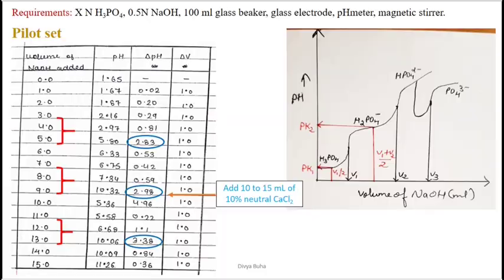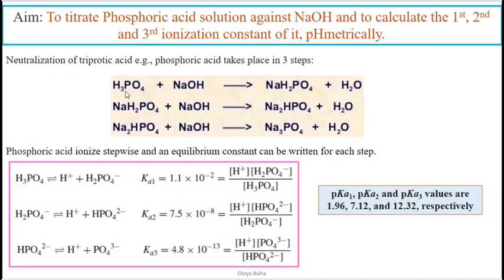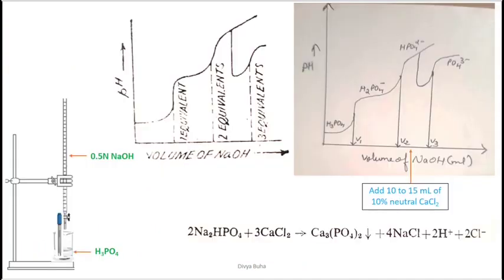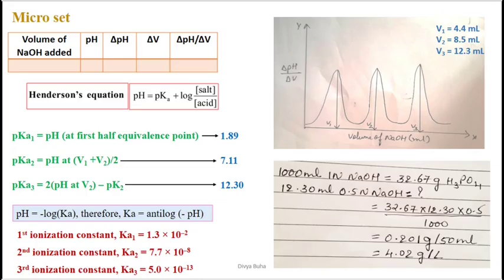Over here, if we consider the first step, wherein H3PO4 will react with NaOH to give you NaH2PO4 salt plus H2O. So when the concentration of H2PO4 minus and the concentration of the first proton are the same in the solution, at that time pH would be equal to the first ionization constant, that is pKa1.